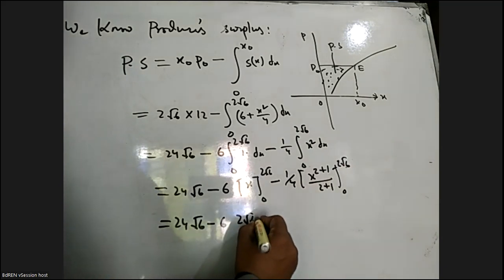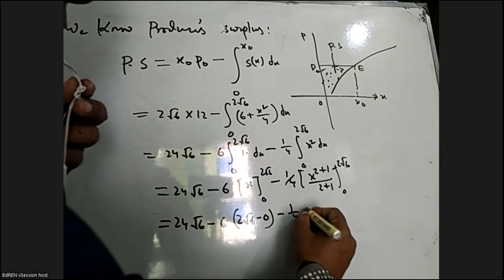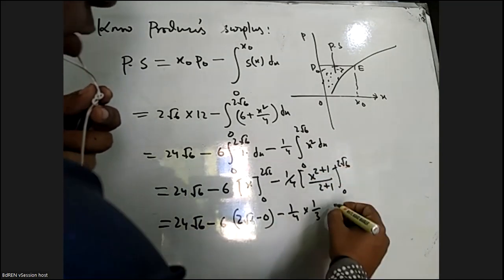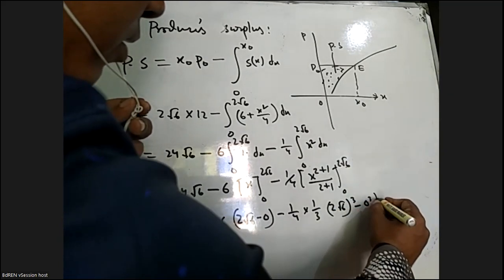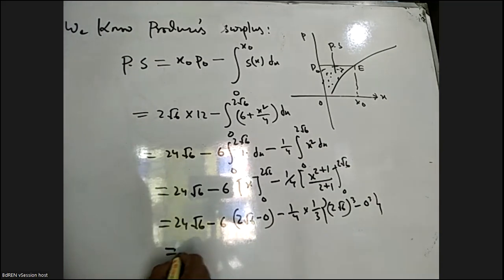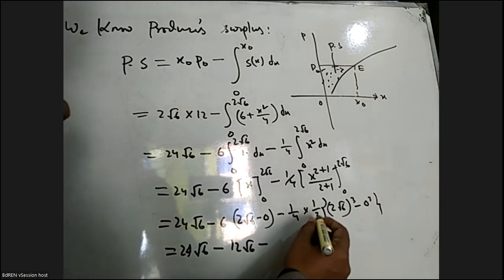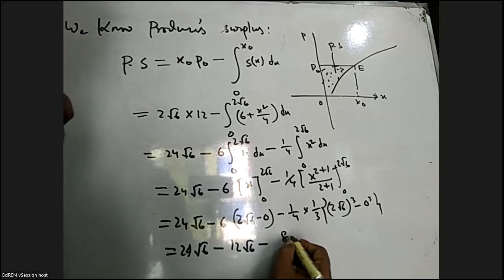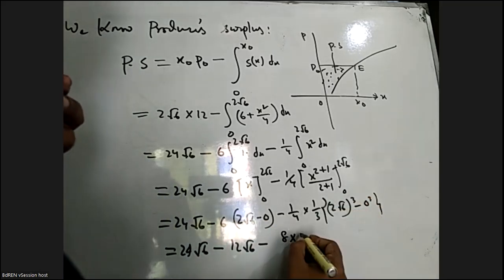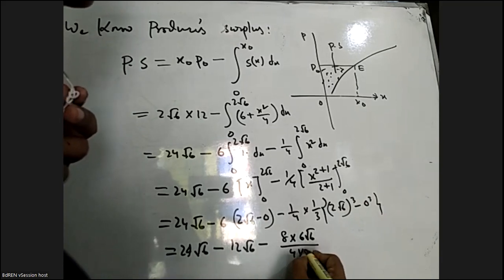So 2 root 6 minus 0, minus 4 multiplied by 1 by 3, this is the x cube, so 2 root 6 whole cube minus 0 cube. So 24 root 6 minus 12 root 6, and this will be 2 cube, 8, and 8 root 6 whole cube means 6 root 6. That means 4 multiplied by 3.